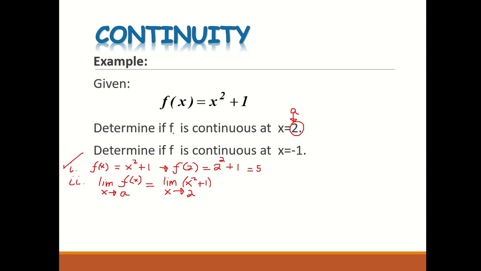Okay, and now we have to test if this one has a certain value. Okay, so if this one exists.